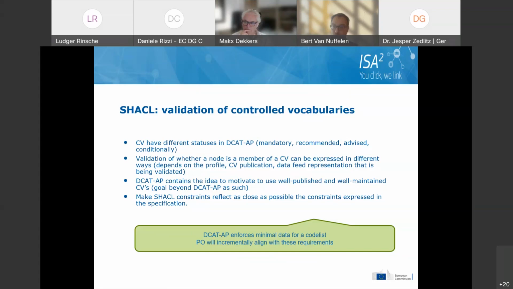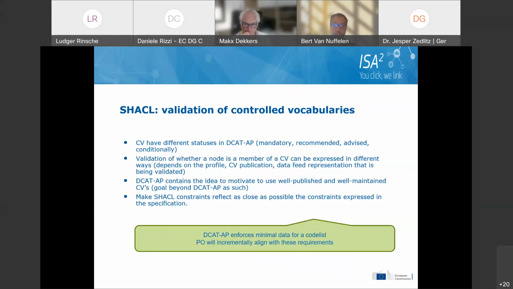So the Publications Office has looked at it and said, well, we are going to put that guideline in practice as well and add this extra information to the concept schemes slowly, progressively throughout the code lists, so that this will become validatable and satisfiable as well.